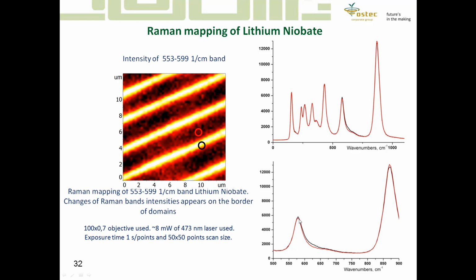The left peak is higher, it has a higher intensity for domain walls, and the right peak vice versa has lower intensity for domain walls. And also there is a small shoulder. So if we choose such a peak at 570, 580, and we make a mapping of the intensity of the peak, we will get brighter regions which correspond to domain walls, domain borders.